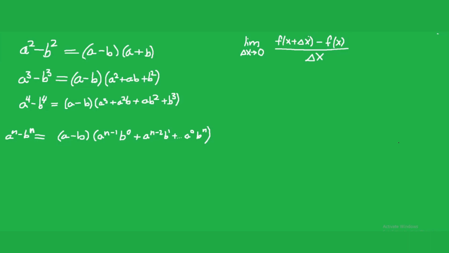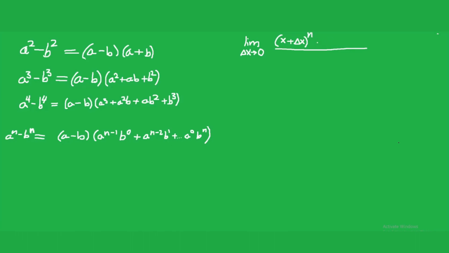Or actually, here, I made a little bit of a mistake. If it's a power function, we know it will be written something like this. It'll be x plus the change in x, delta x, raised to the nth power, right?